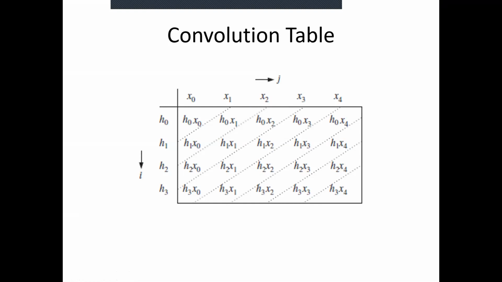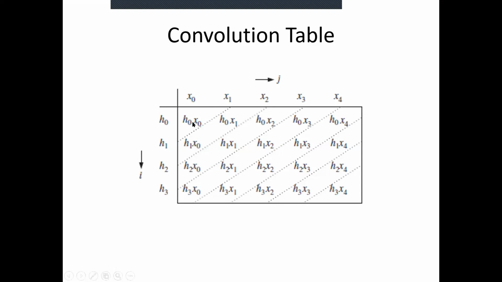Of course, following the previous equation about the length of the output y, Ly will be Lh plus Lx minus 1. So 4 plus 5 will be 9, minus 1 will be 8. So we can expect 8 y coefficients, I mean, y0 up to y7.